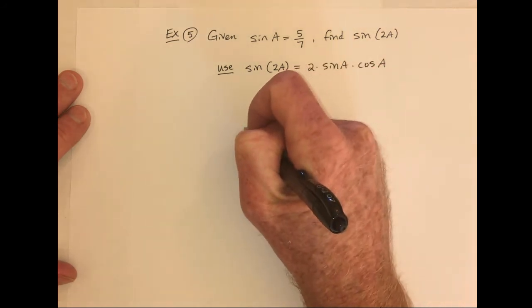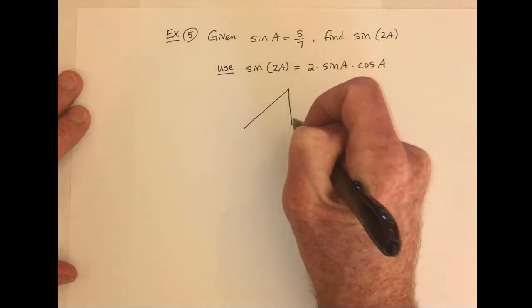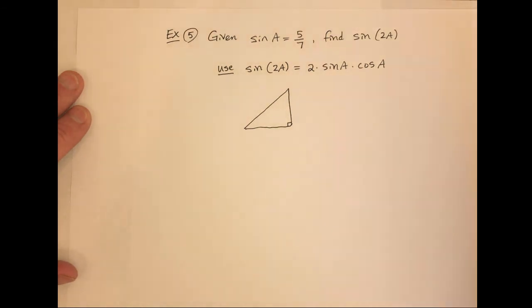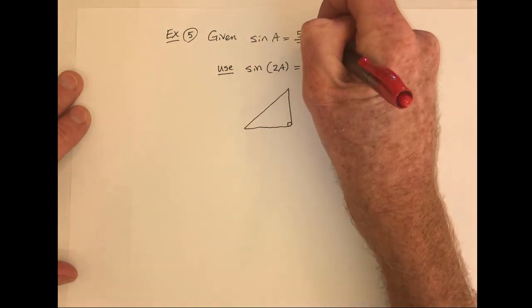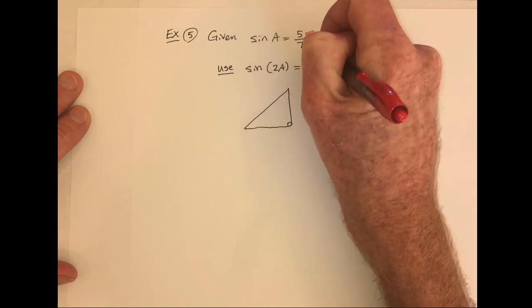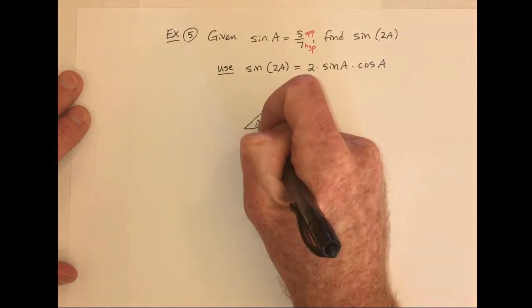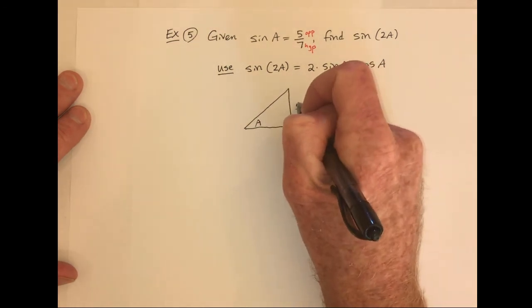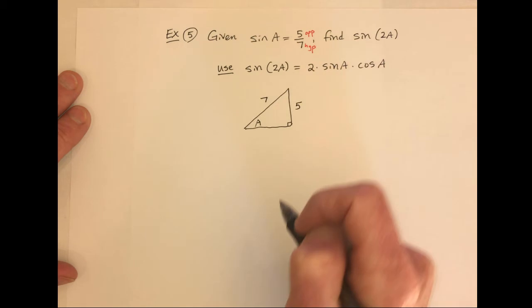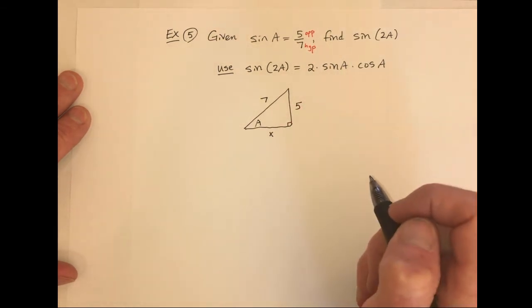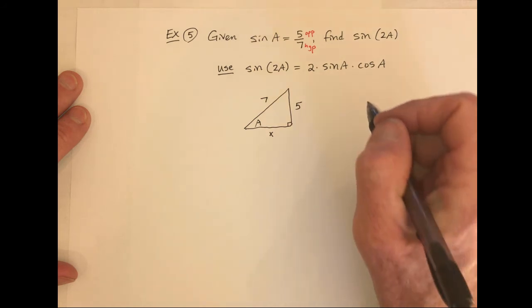Well, we could do like with the last problem, draw a right triangle. And then sine is opposite over hypotenuse. So if this is the angle A, this is the opposite, and this is the hypotenuse. And then put some variable down here like x, and then solve for x.